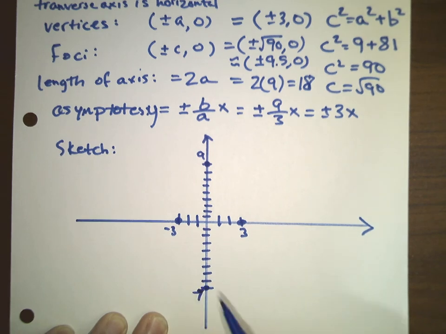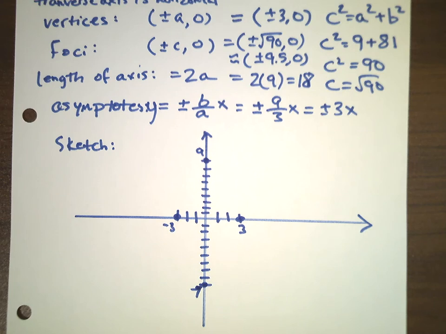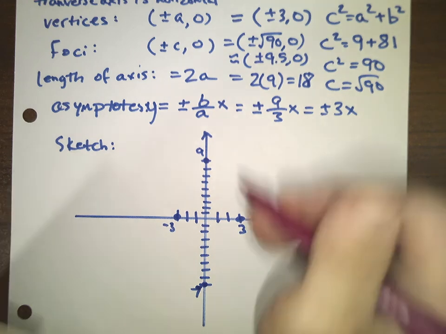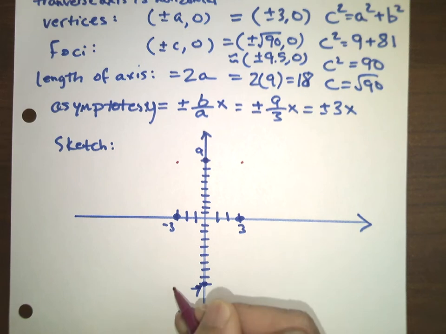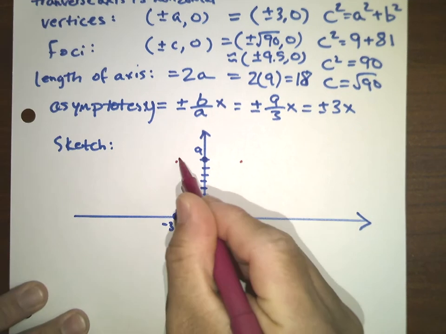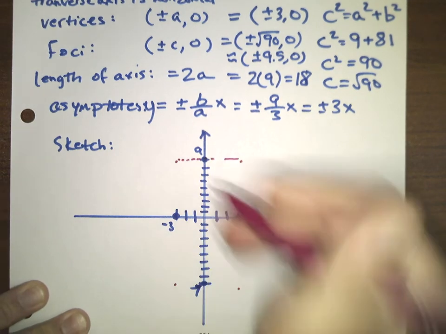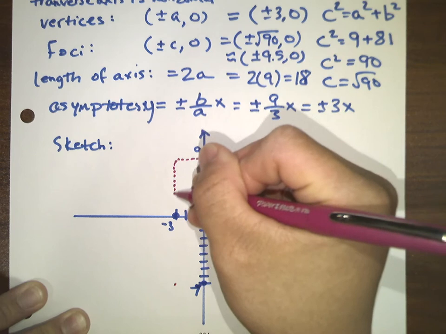And remember that these are just going to be guidelines for drawing the asymptotes. The asymptotes will actually go through the corners of this fundamental rectangle or central box that I'm drawing in.